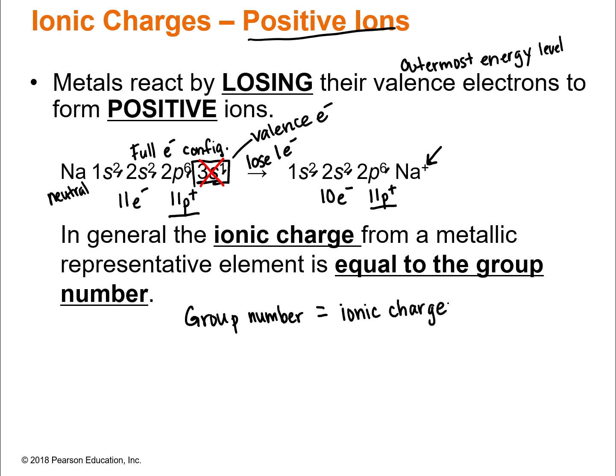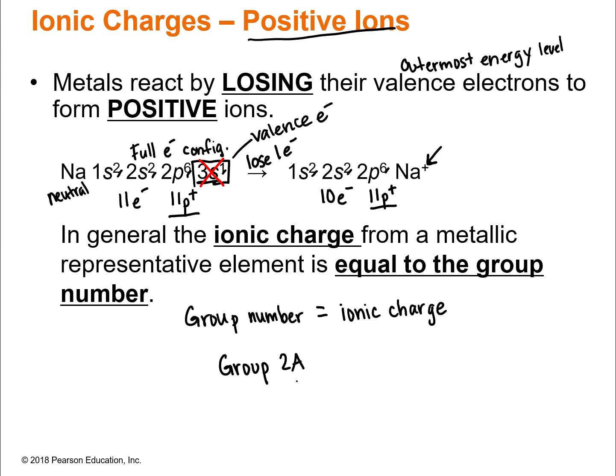So it can do two things for you. Let's say that we are in group 2A. The A tells us we're representative. Group 2, those are the alkaline earth metals. So you really need to know your metals on the periodic table. Which ones are metals and which ones are non-metals or semi-metals.